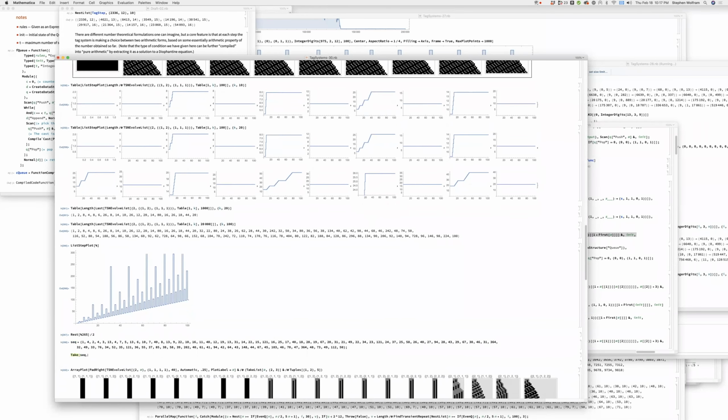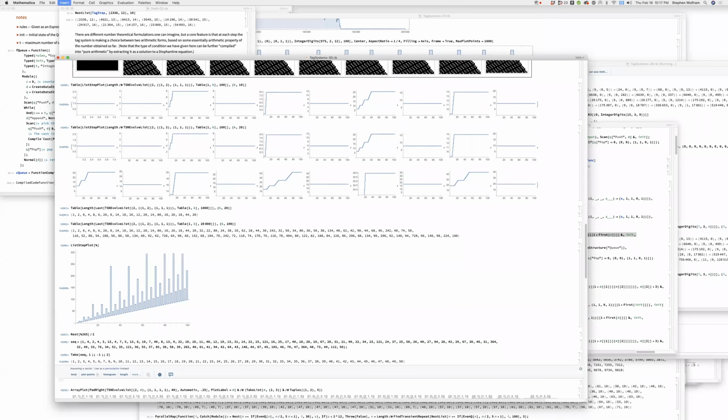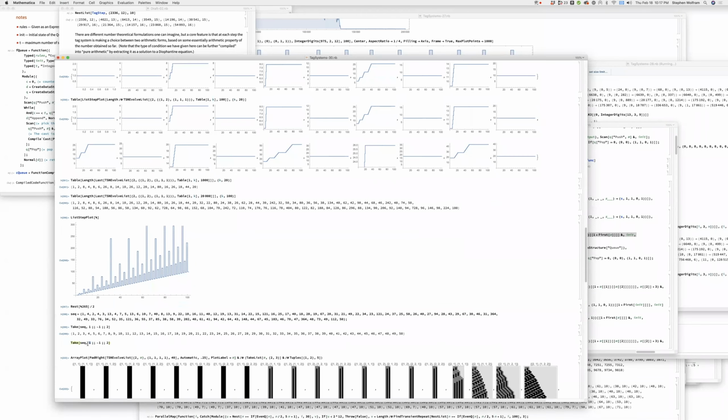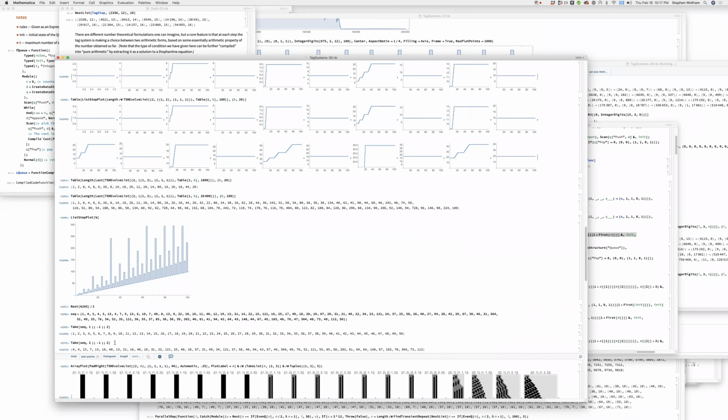Take SEQ 1 minus 1 steps of 2. It's just that. Take sequence 2 minus 1 steps of 2. We get this curious little puppy. What the hell is this?